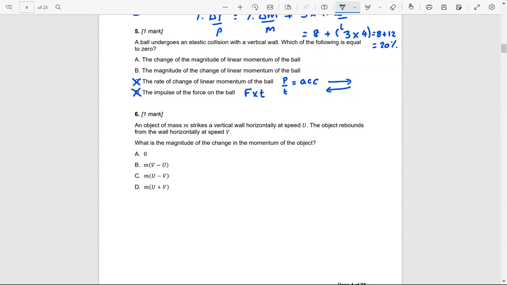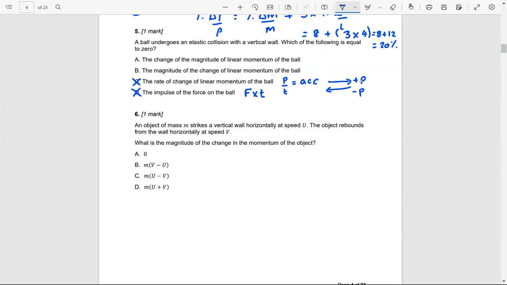So the magnitude of the change of linear momentum, so the size of the change of the momentum. Moving towards the wall, you could say we have a positive momentum, and moving away from the wall, we're moving with a negative momentum.